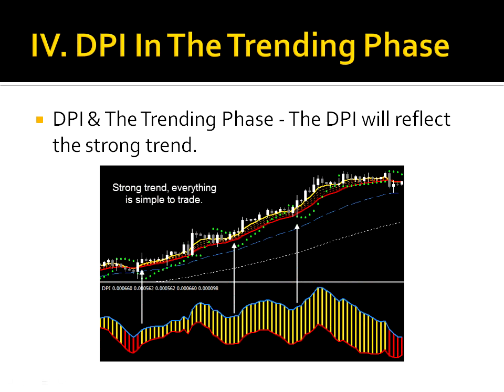So let's take a look at the DPI in the trending phase. If there's a nice strong trend in the market, the price probably isn't going to move beyond the 13 EMA. And in this example, it's a beautiful example of a really strong trend.